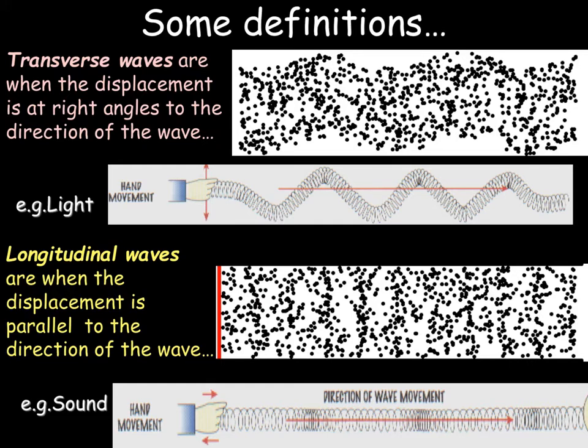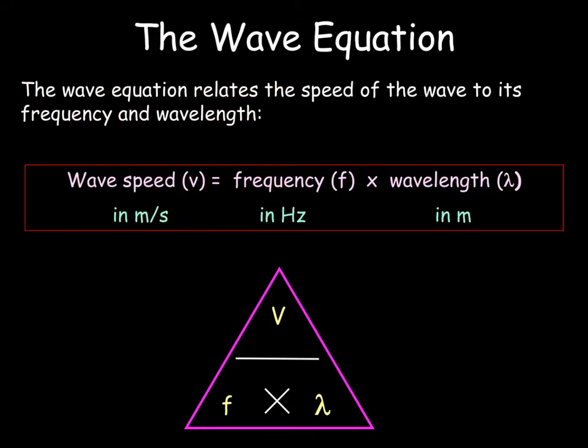Anyway, I should say that this is of course not how I hope you will explain the difference in a question. You'll say that transverse waves can be polarized and longitudinal waves can't be polarized because they only have one direction of propagation to start with.